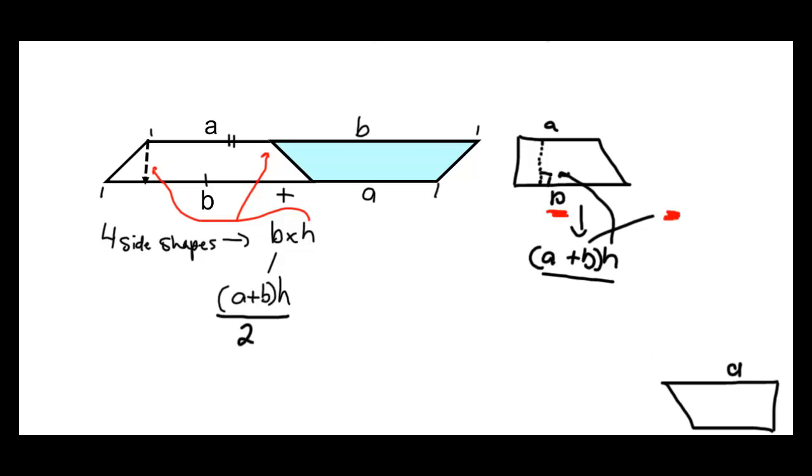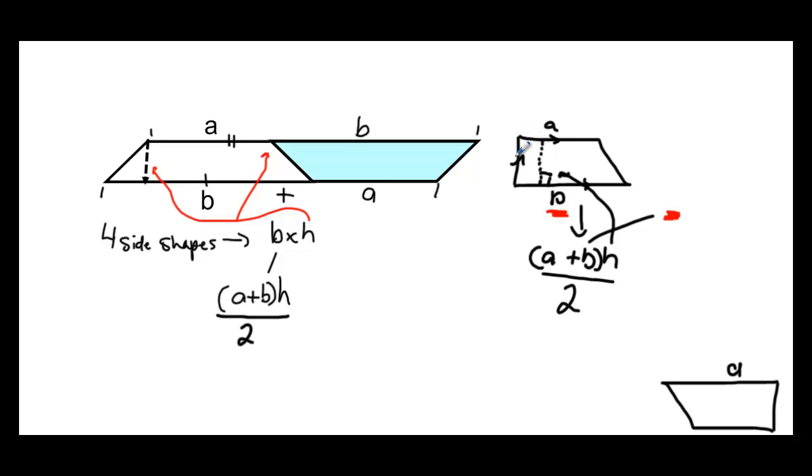So we divide by 2. So it doesn't matter what kind of shape of a trapezoid it is. A trapezoid is any shape that has 2 parallel lines, and then the other lines are not parallel.